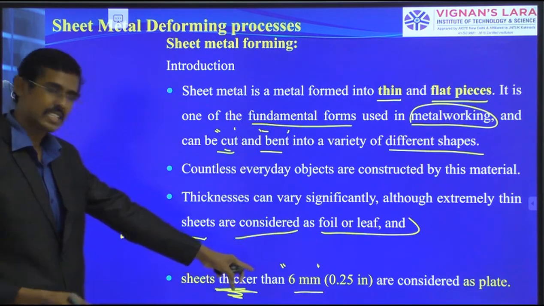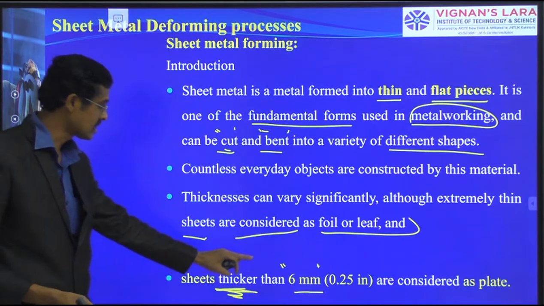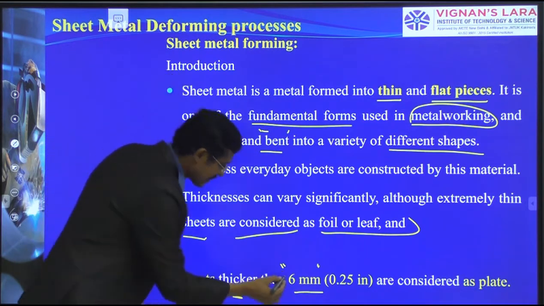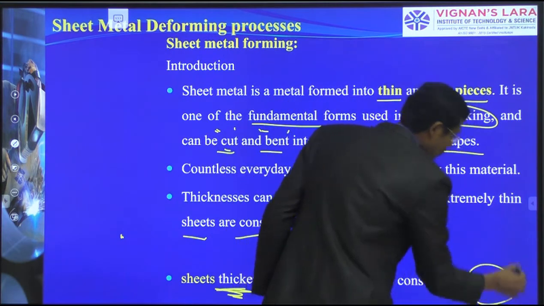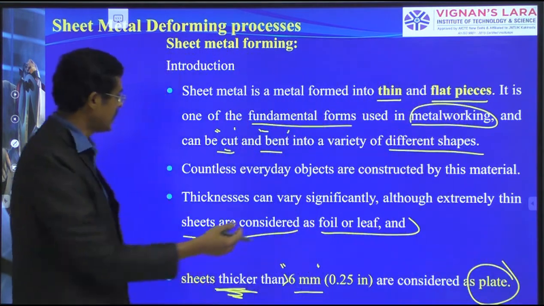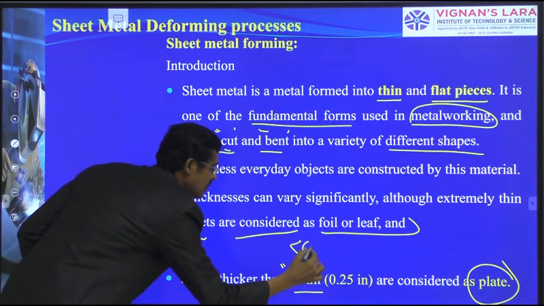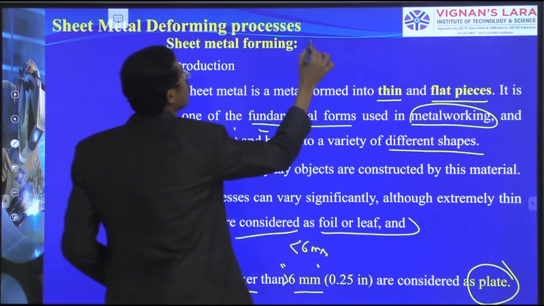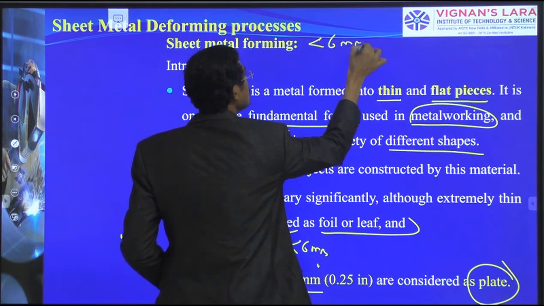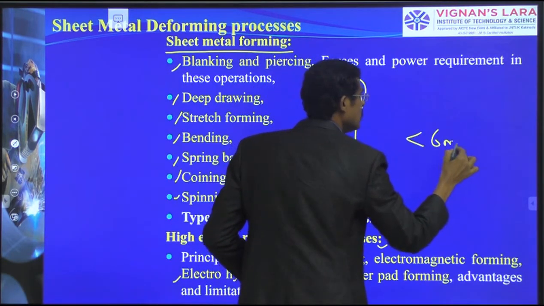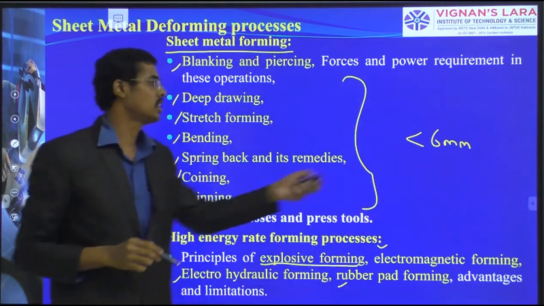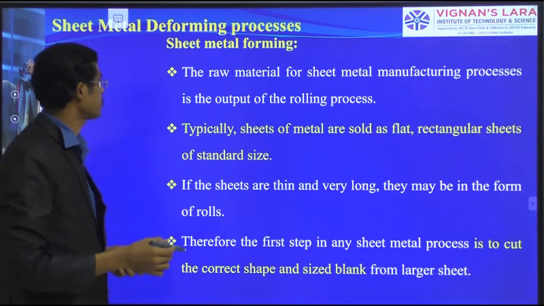Sheet thickness greater than 6 mm is considered a plate. So sheet metal forming belongs to less than 6 mm. All these processes are done at less than 6 mm. So this is the way we have to understand.